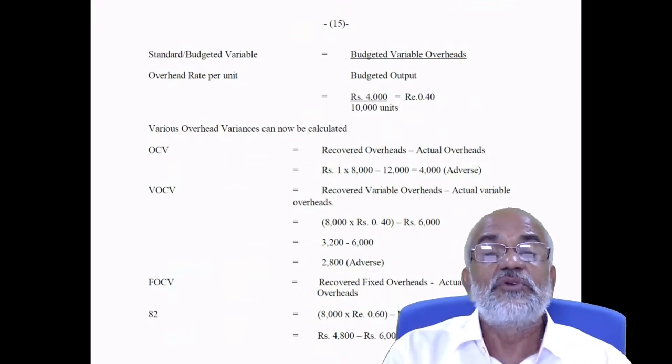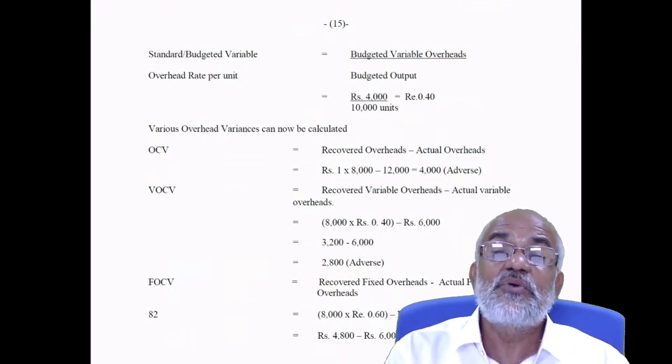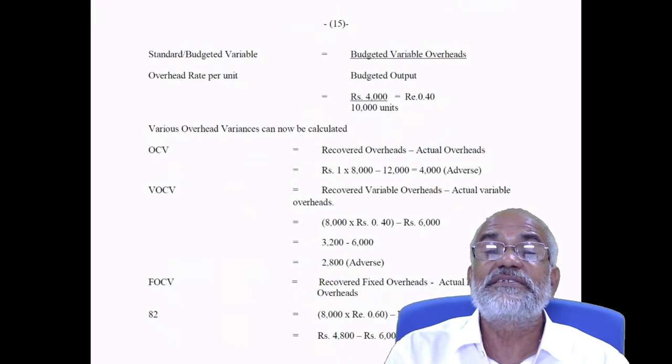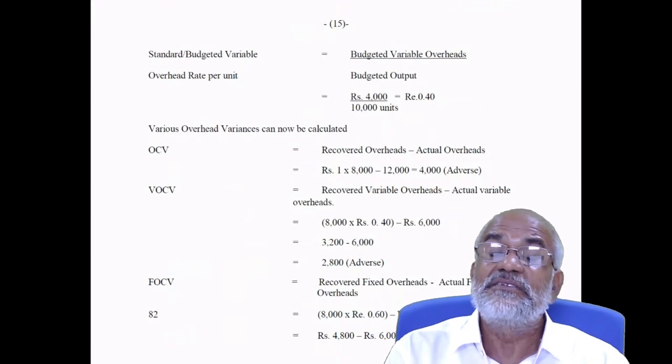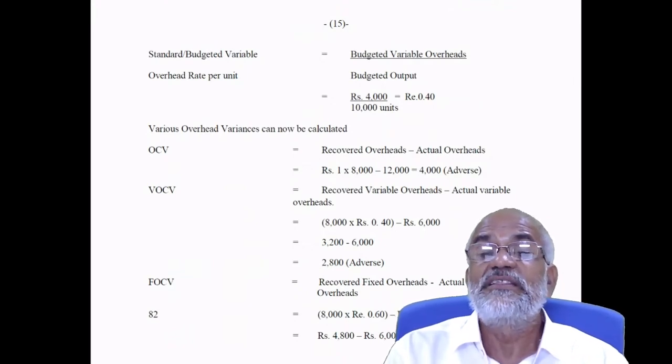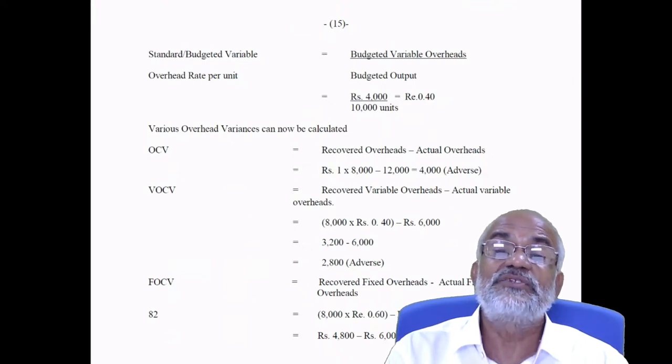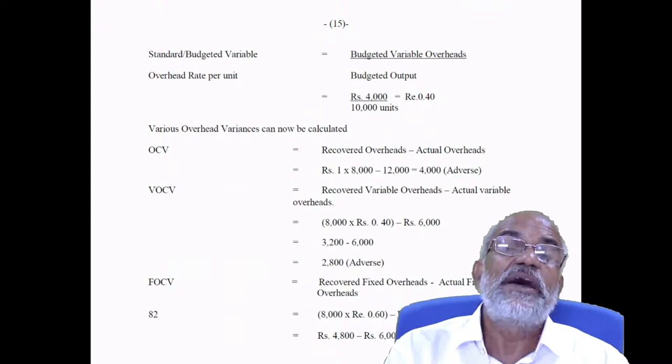The variable overhead cost variance is computed by deducting the actual variable overheads from the recovered variable overheads: 8,000 into 40 paisa is 3,200, and the actual variable overheads are 6,000, so it gives 2,800 adverse. Overhead cost variance is 4,000 adverse, and variable overhead cost variance is 2,800 adverse.